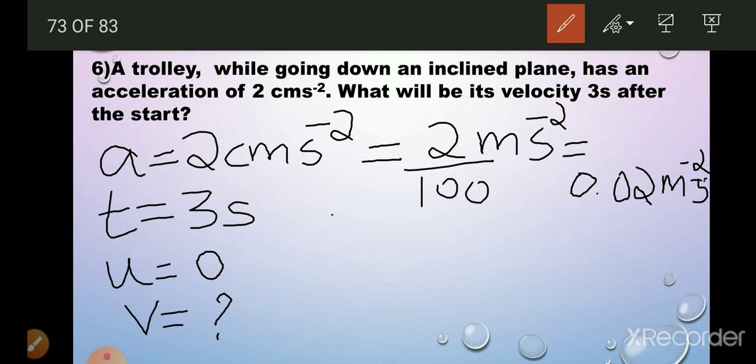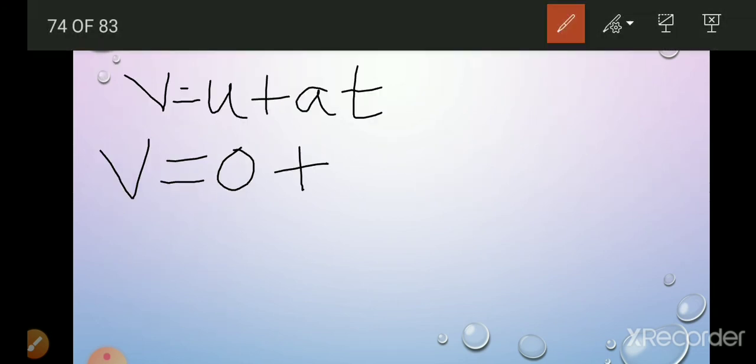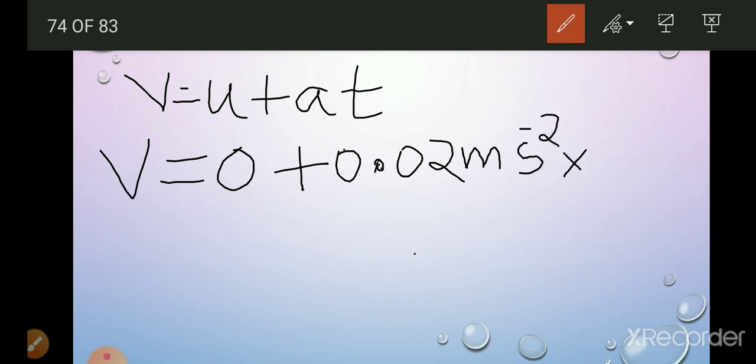So if you substitute this value, A is equal to 0.02 meter per second square into time, which is given, 3 seconds.